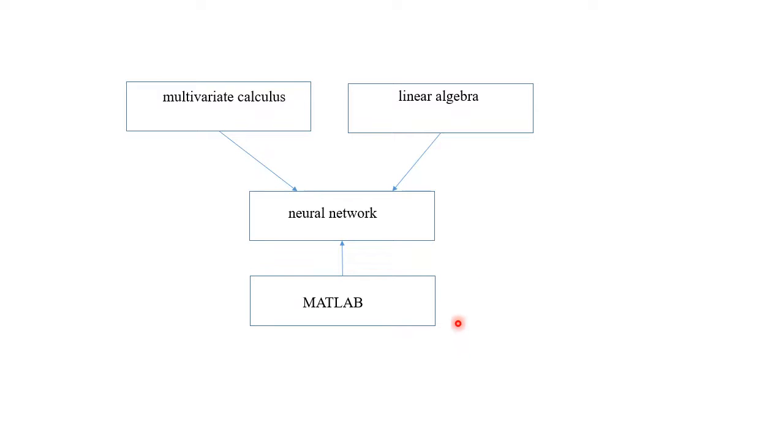But at this stage, I'm assuming that the person doing this course is MATLAB trained, so that you can write simple code in MATLAB. And then this is all going to combine to give you the ability to understand what is going on in a neural network and then actually make it and deploy it with MATLAB.